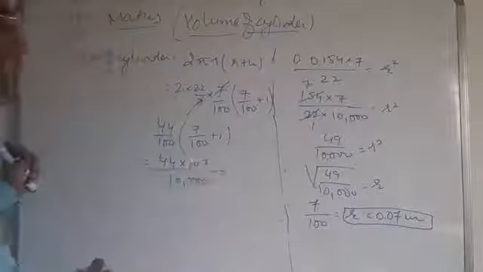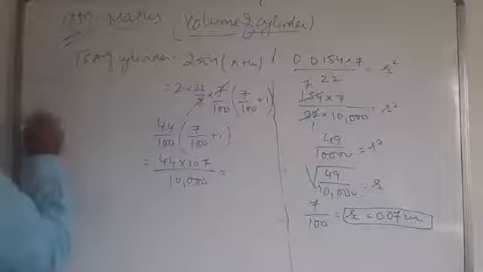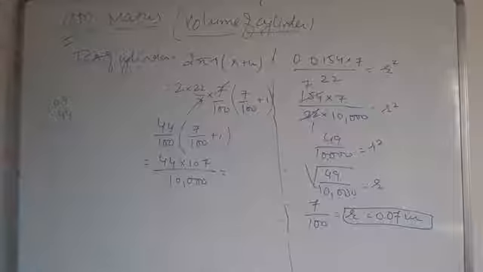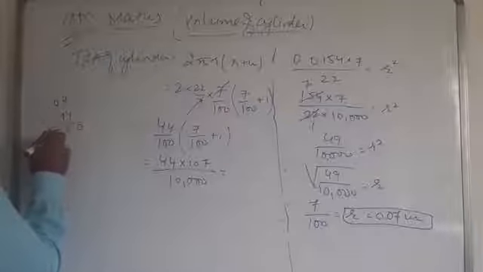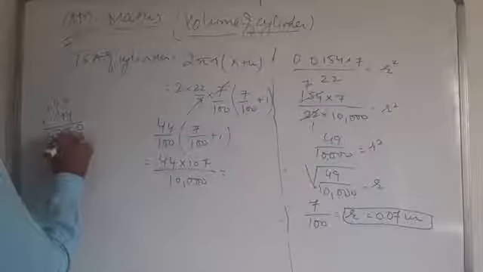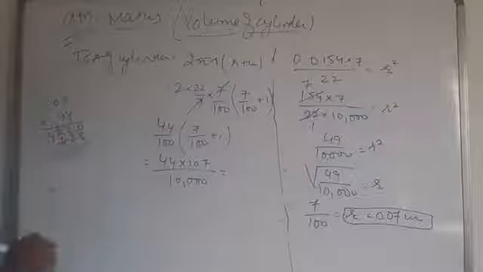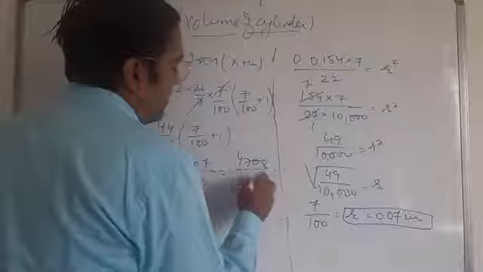Multiply them. Multiply fast, students. 107 into 44, what is the answer? Tell me fast. So my answer is 4708 by 10,000.